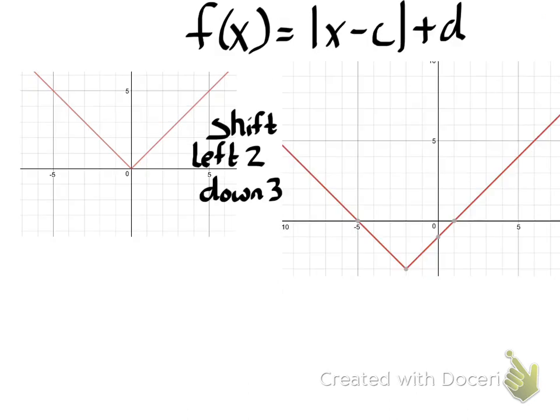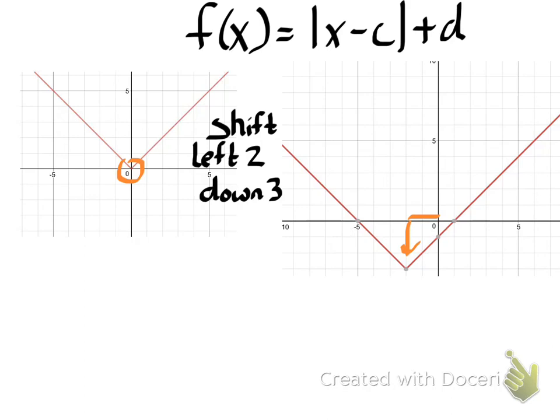Now let's try if we have both shifts. So we have a shift left or right, and a shift up or down as well, and we're just putting it all together. From the parent function, which is at (0, 0), we've had to go left 2 and down 3 to get to the new vertex.